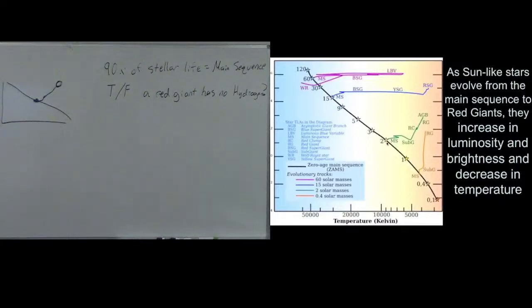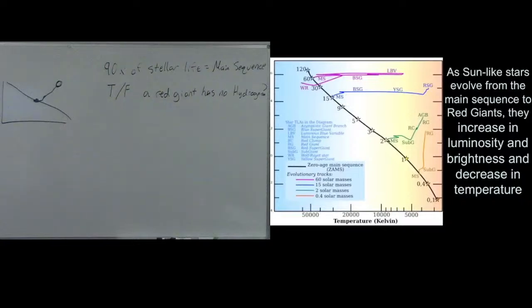A star that is 2 times the mass of the sun, so not much more massive than the sun, will begin as a main sequence star on the bold line, and it will go to the right, decreasing in surface temperature, but eventually it will increase in luminosity.